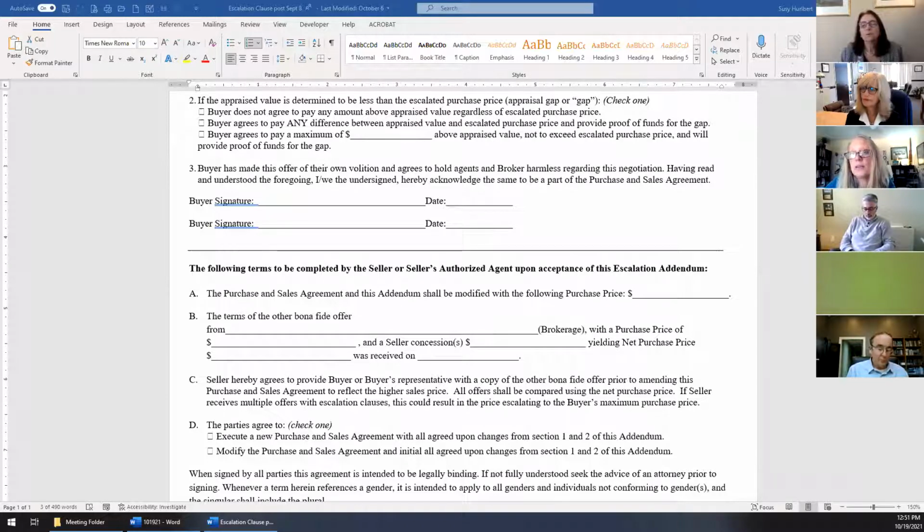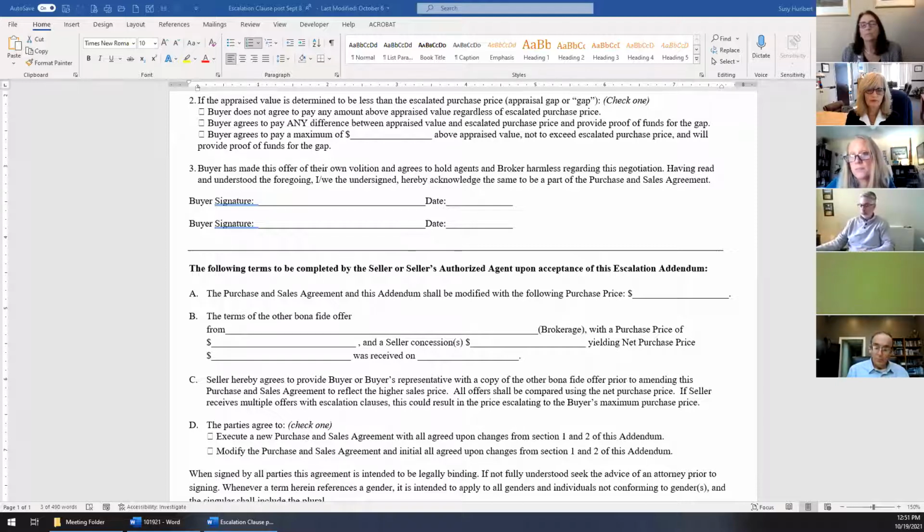A only went up to 100. They're at 80, but their escalation is to 100. Do you automatically take them up to their max? Yes, because they're willing to pay it.